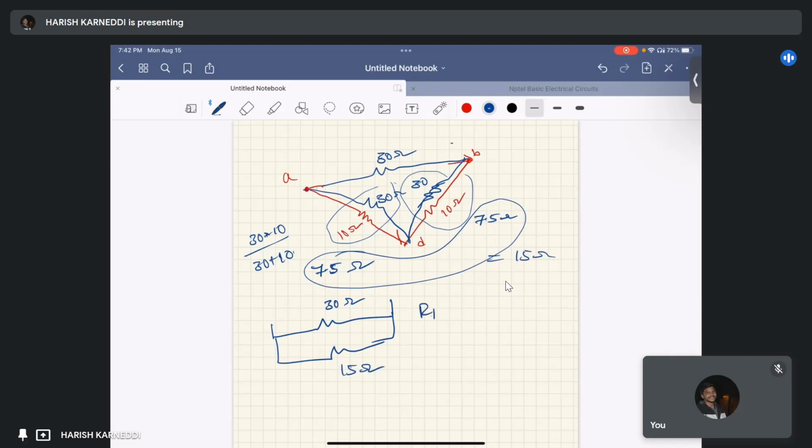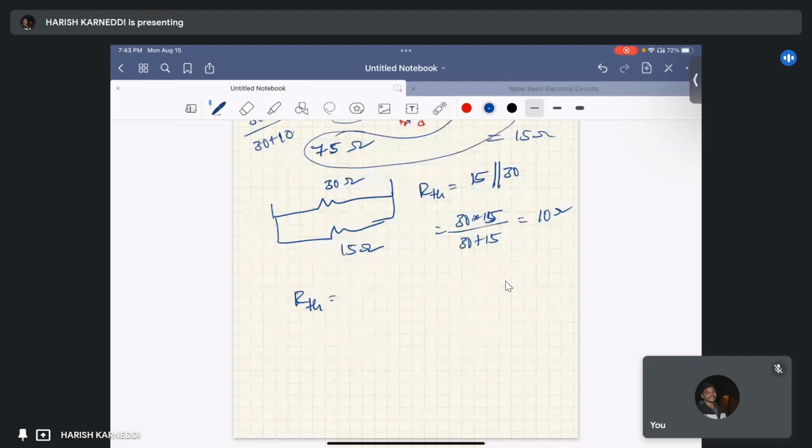So RTH equal to 15 ohm is parallel with the 30 ohm, that equal to 30 into 15 by 30 plus 15, that equal to 10 ohm. Therefore, the RTH equal to 10 ohms. Okay.